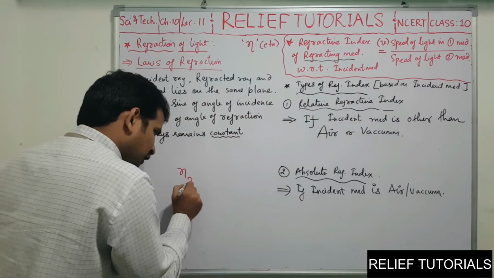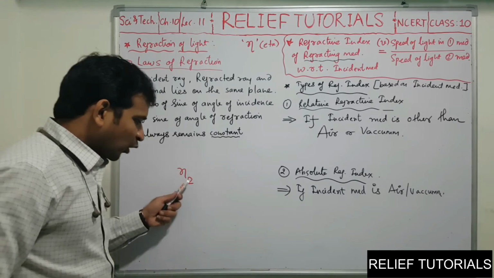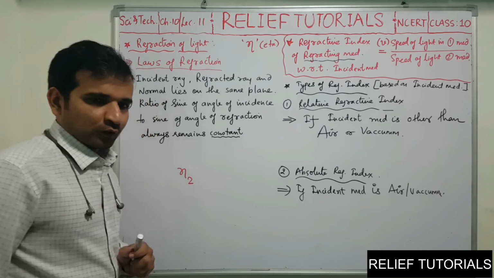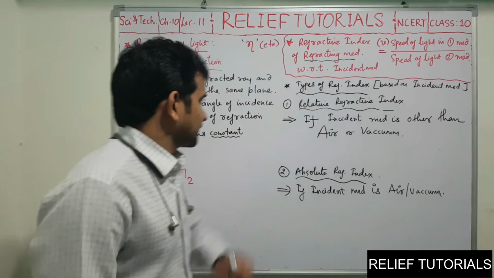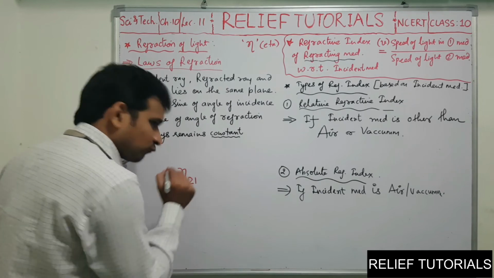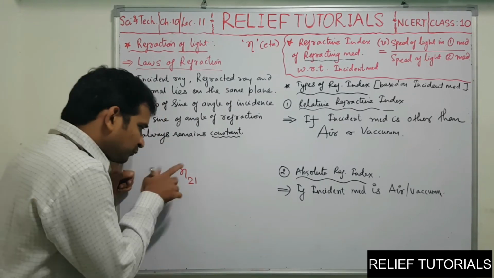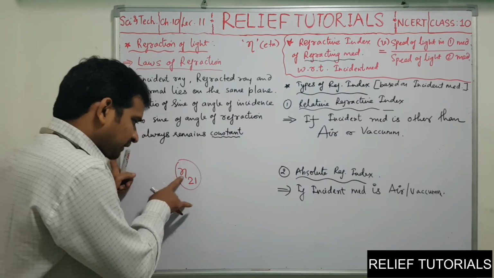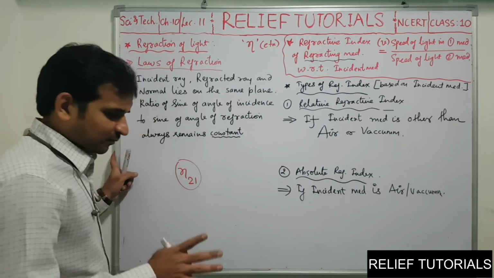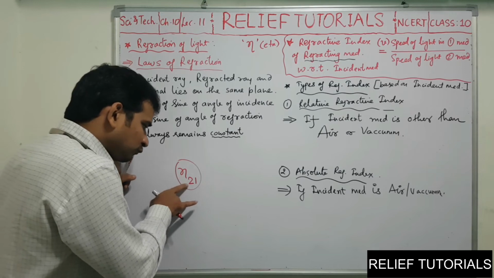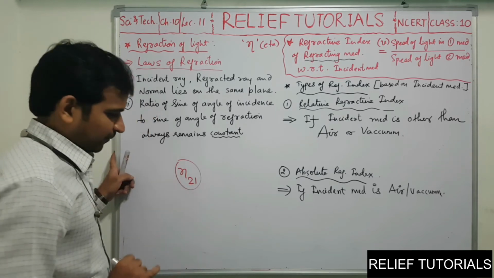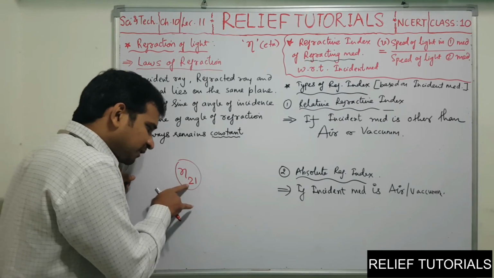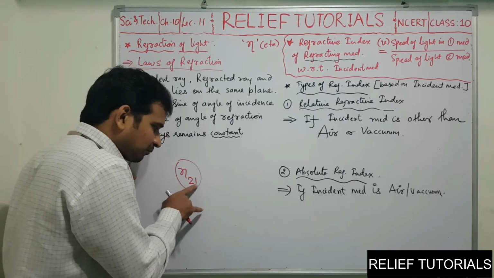So eta 2 1, or eta of 2 with respect to 1, whatever you say, means refractive index of medium 2 with respect to incident medium, medium number 1.